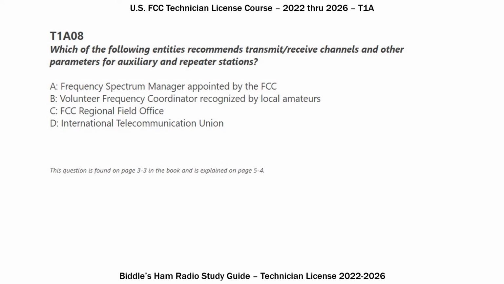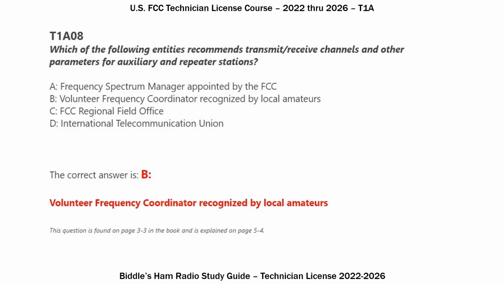B, volunteer frequency coordinator recognized by local amateurs. C, FCC field office. Or D, the International Telecommunications Union. Our answer is B, volunteer frequency coordinator recognized by local amateurs.